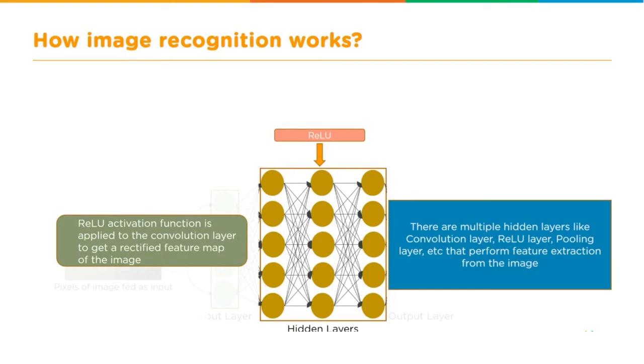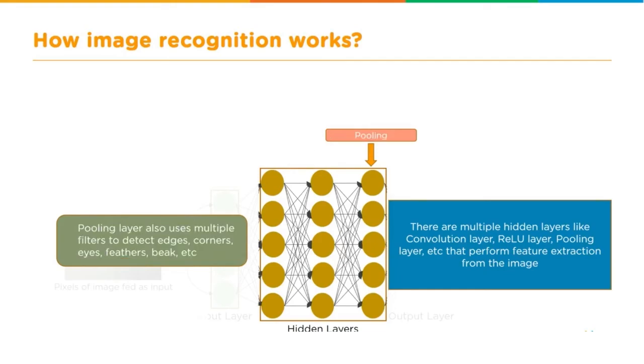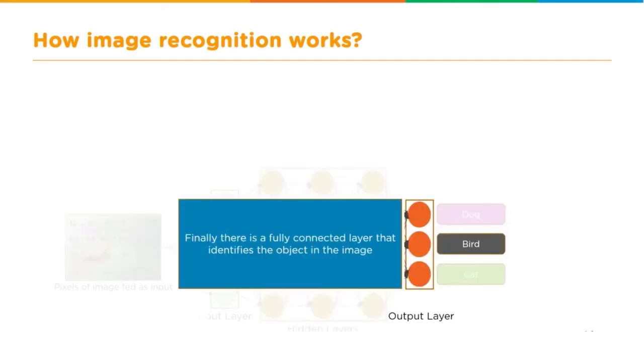This layer uses a matrix filter and performs a convolution operation to detect patterns in the image. And if you remember, convolution means to coil or to twist. So we're going to twist the data around and alter it and use that operation to detect a new pattern. There are multiple hidden layers, like the convolution layer and ReLU, as it is pronounced, the rectified linear unit, which has to do with the activation function that's used.